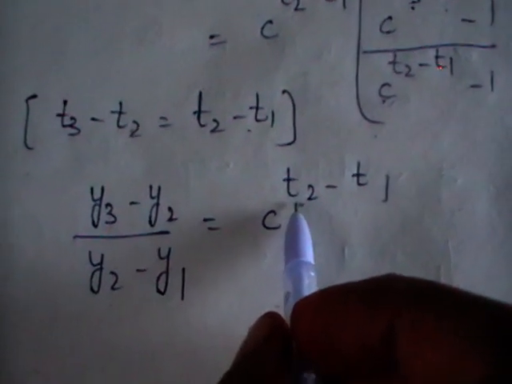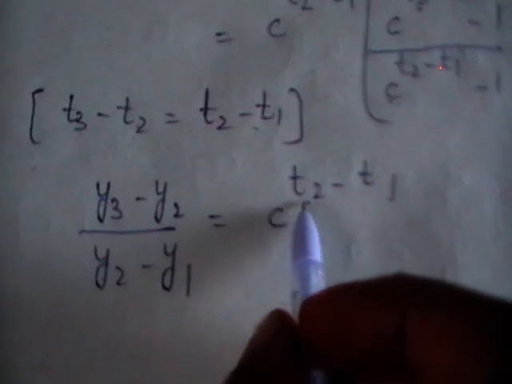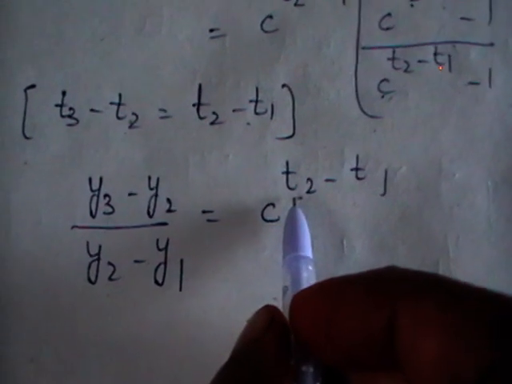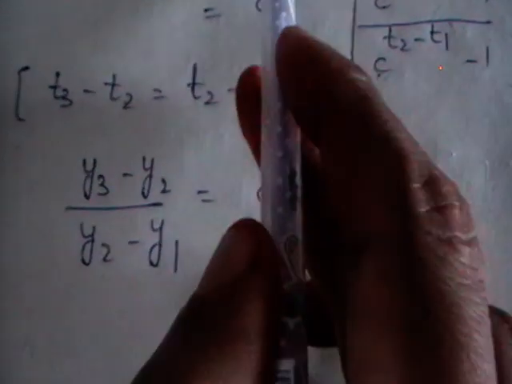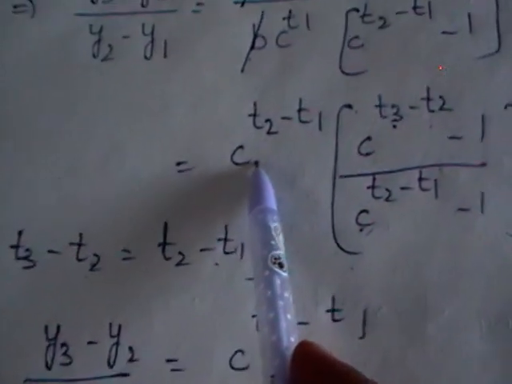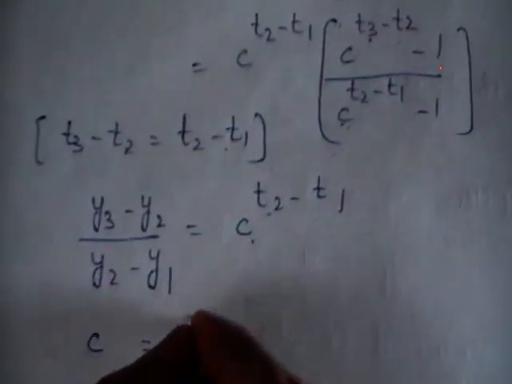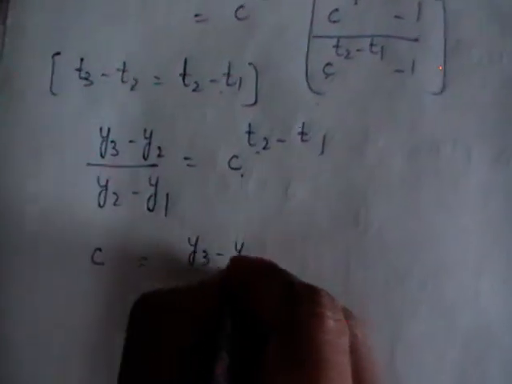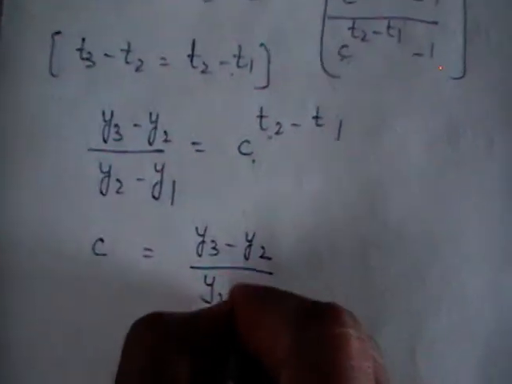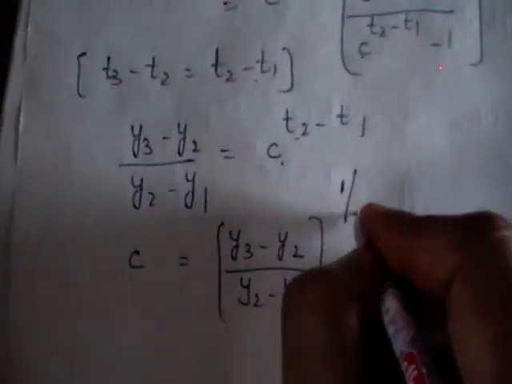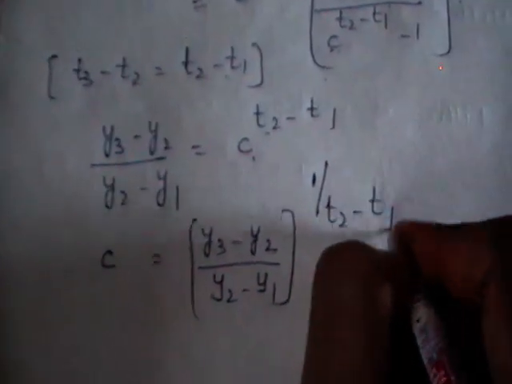Then in the second step, by dividing y3 minus y2 by y2 minus y1, we have eliminated another constant, b. So we have only c, so we can find c from here. C will be y3 minus y2 by y2 minus y1 whole power 1 by t2 minus t1.